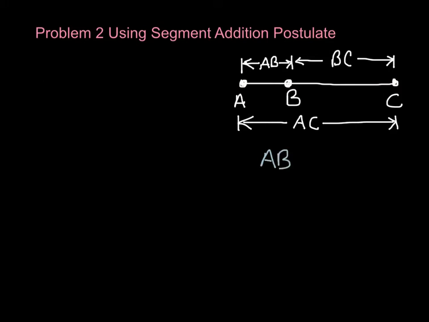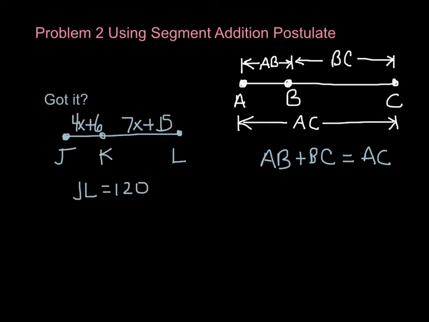So the distance AB plus the distance of BC is going to give you the total segment distance, which is AC. So the measurement AB and the measurement BC added together give you the distance AC. So let's look at the got it.